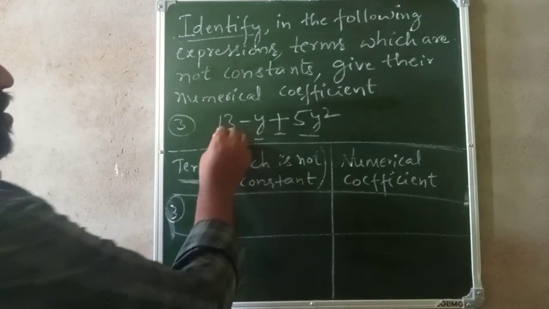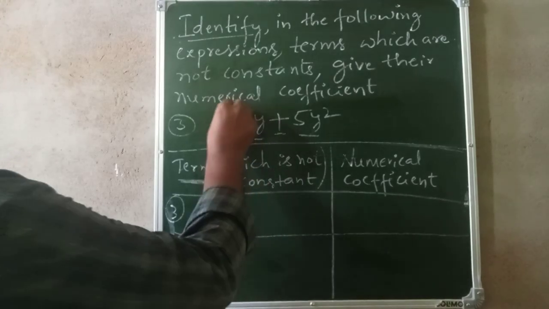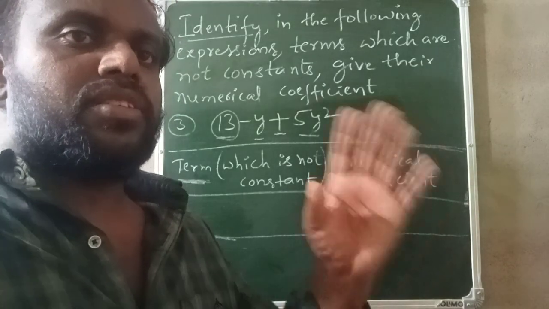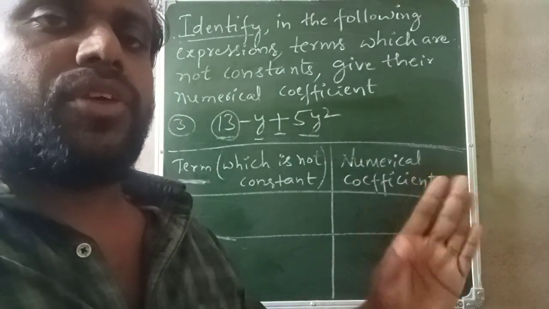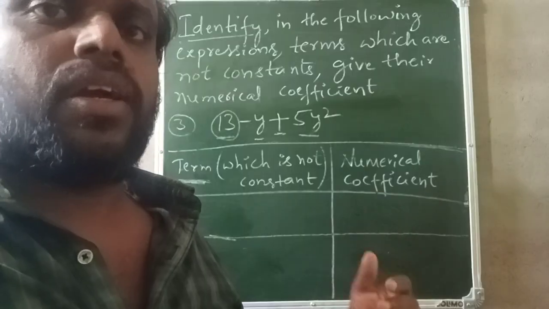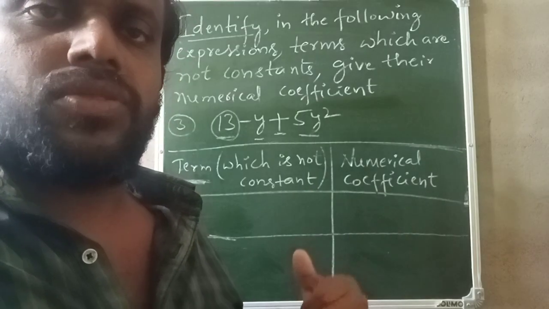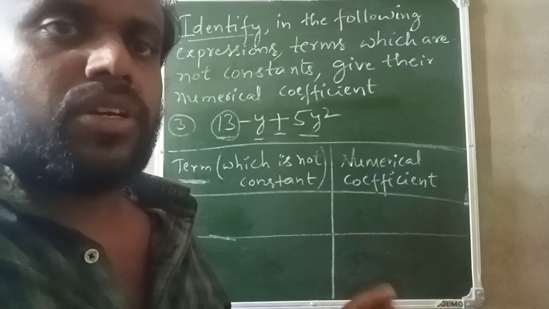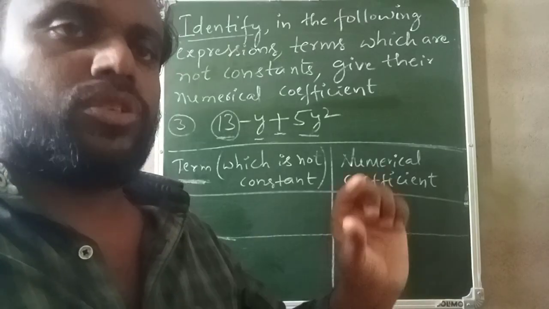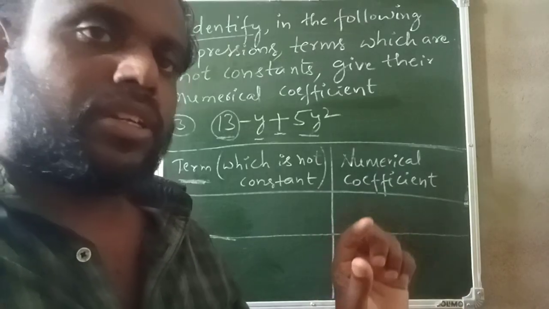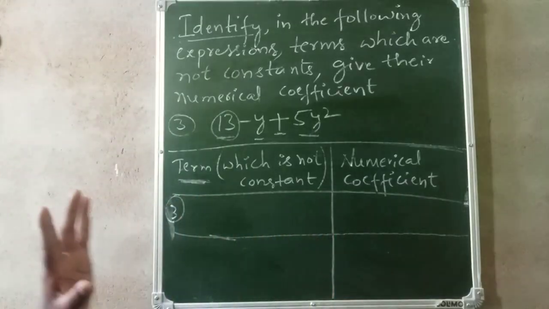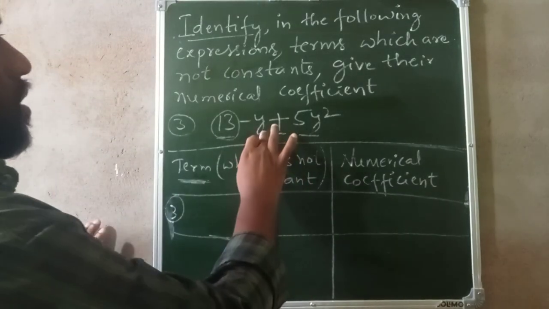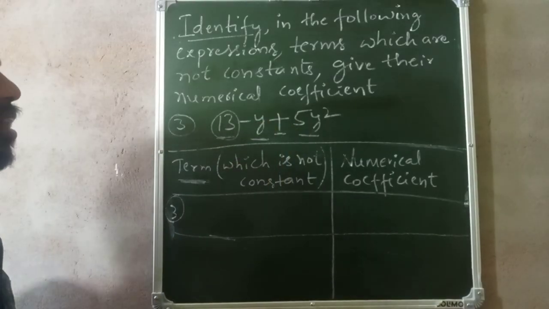So we will see this first term, 13. 13 means it is a single number. There is no variable like x or y present along with this 13. So that is just a number, so 13 is a constant. I already said that if it is just a number, that is a constant. But you come here, your variable is there.